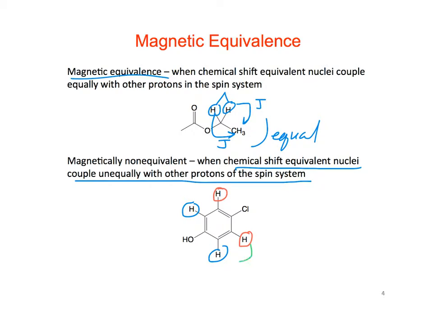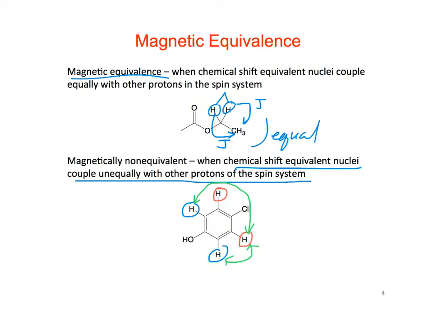However, this proton is going to couple to this one with one coupling constant, right? The ortho coupling, 6 to 8 hertz or something. But this proton here can also couple to this proton over here, right?